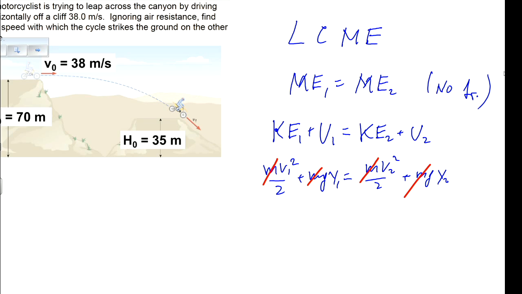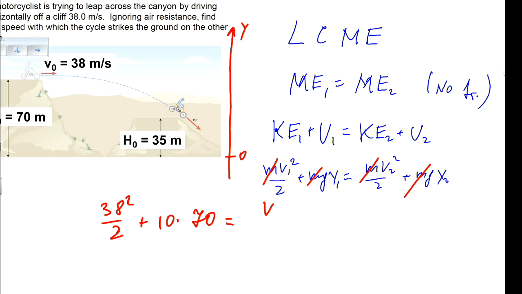Now, what do we do? Well, we've got to set the origin, and now we can start writing numbers. 38 squared over 2 plus 10 times initial height, which is 70, should be equal to the speed we are looking for over 2 plus 10 times 35.